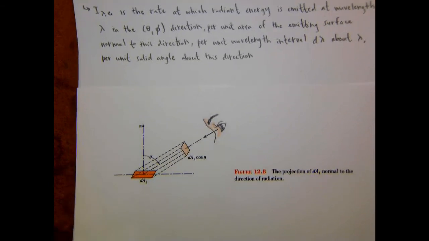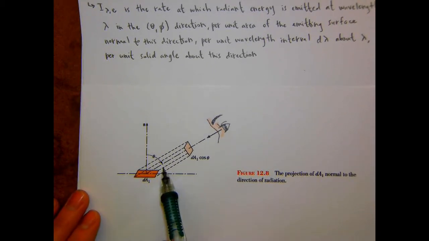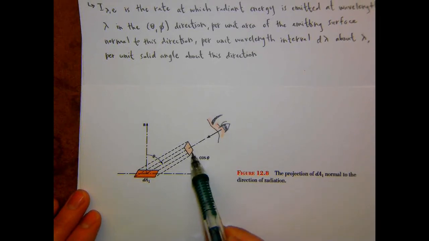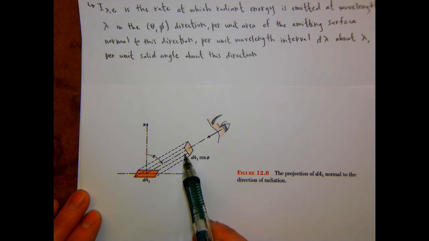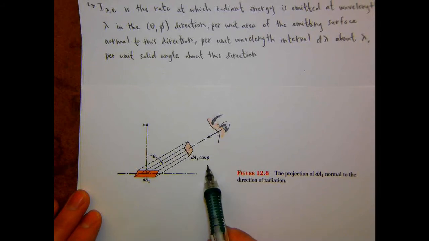So we have radiation being emitted in this direction defined by theta and phi. And for radiation intensity, it's per unit surface area of dA1 projected in the direction of emission. And that works out to be dA1 cosine theta.